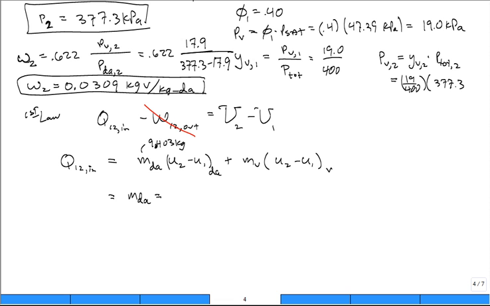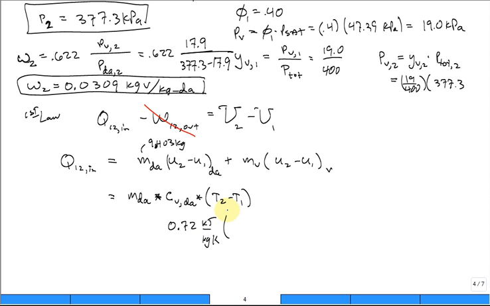If you want to multiply by the specific heat at constant volume for the dry air, then the temperature change, T2 minus T1, that's pretty straightforward because the specific heats don't change that dramatically between 80 degrees C and 60 degrees C. You can get a good constant value for that. The specific heat is typically 0.72 kilojoules per kilogram Kelvin for the dry air.